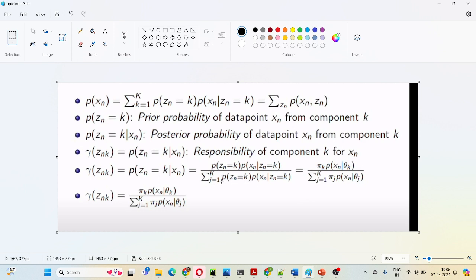Sorry, it is correct actually. K is the number of components over which it is summed. Not xn, I was just confused.